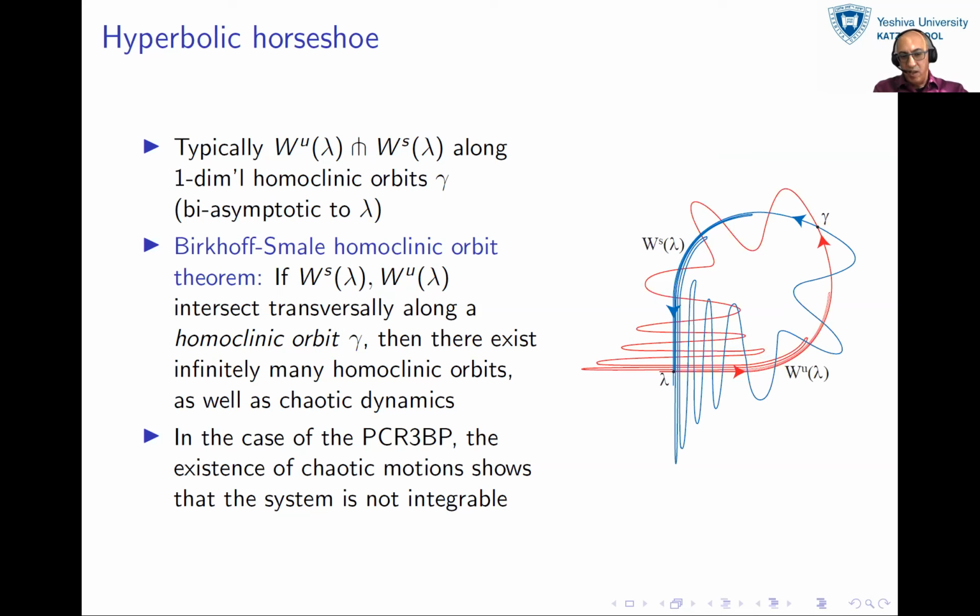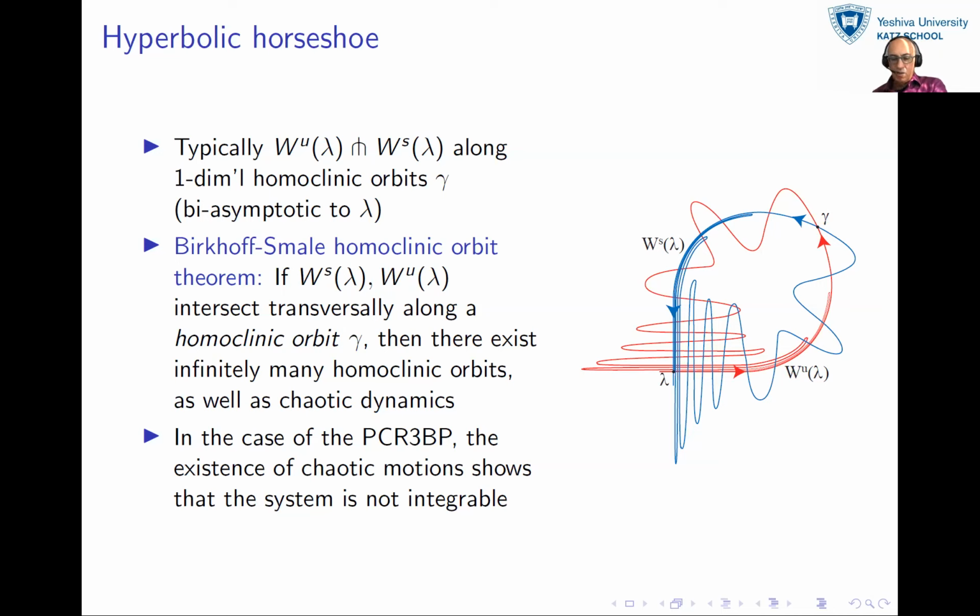And by the way, this theorem says that not only do you have infinitely many such orbits, which are called homoclinic orbits, but you also have chaotic dynamics. Chaotic dynamics means that you take two trajectories with nearby initial conditions, and they may have very different evolution in future time. Chaotic dynamics is actually what prevents the three-body problem from being integrable.